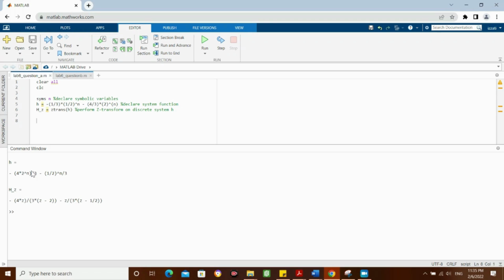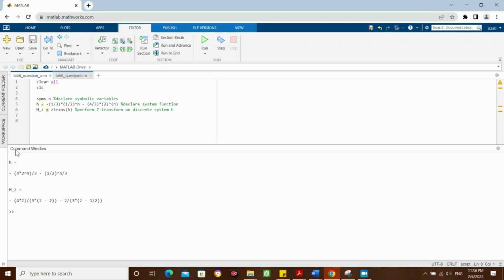Now I explain the simulation for question A. First, we declare the symbolic variable n by using the syms command. After that, we declare the system function of system A. And then we use the command Hz = ztrans(h) to perform the Z transformation on the discrete system h.